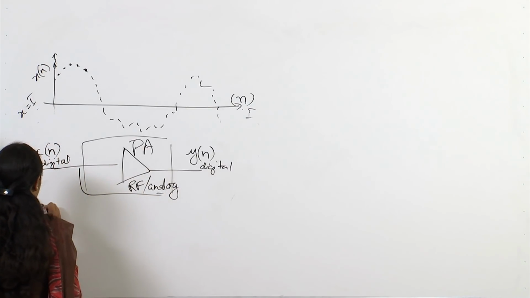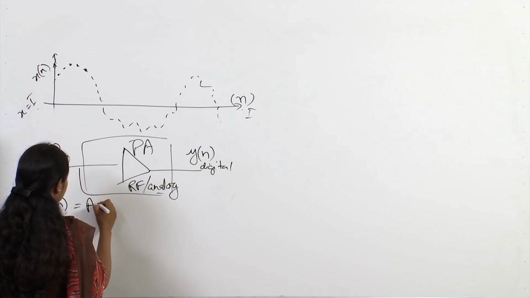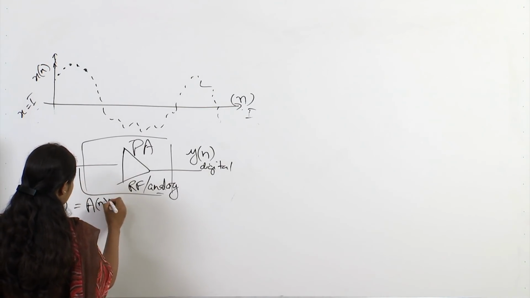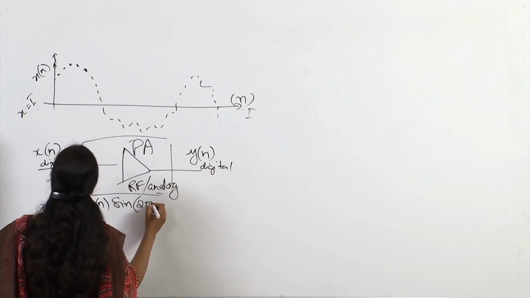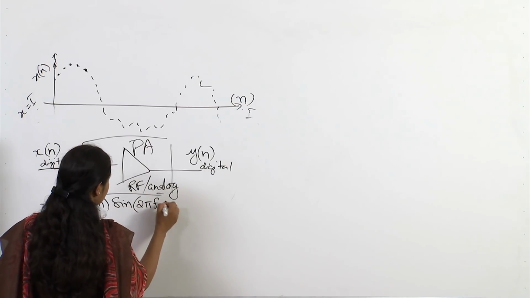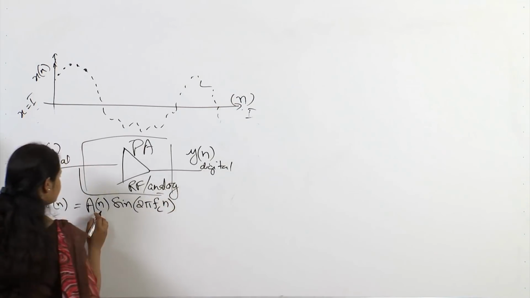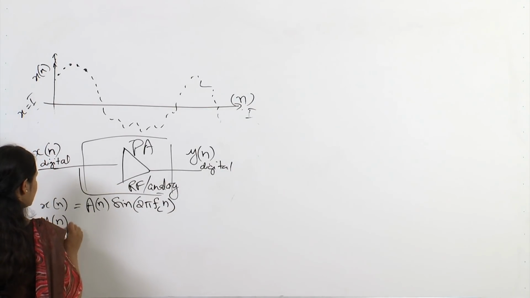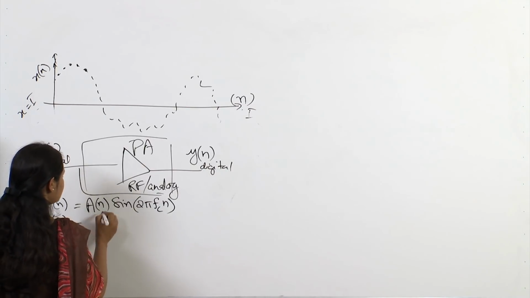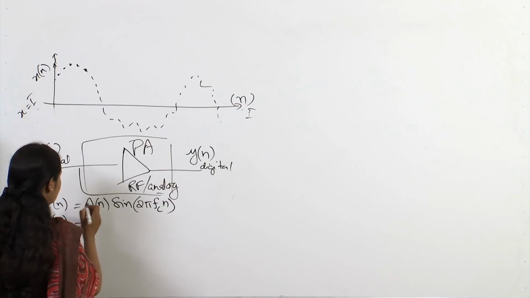So, if the input data was x_n, which has the amplitude A_n and a sine phase, then our output signal at the power amplifier is not exactly a replica of the input signal, right?